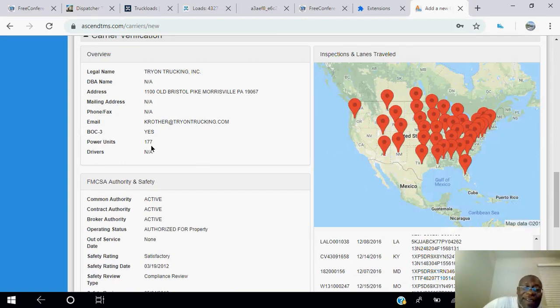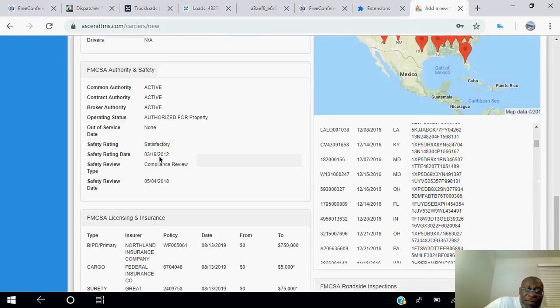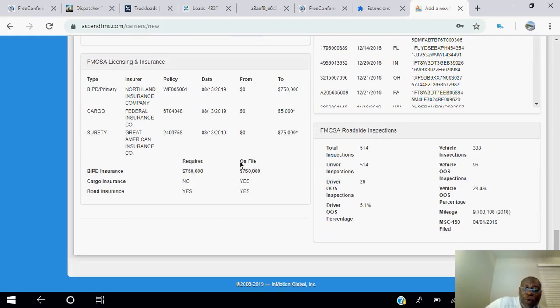this carrier will be good to go at 177 power units. That's how many trucks they got. Okay, they got plenty of trucks. They've been in business a good long time. You see, everything is copacetic with them, and they got a lot of background stuff that he can look for. Okay, he's got his required $750,000 of insurance on file, all that stuff. He's good to go.